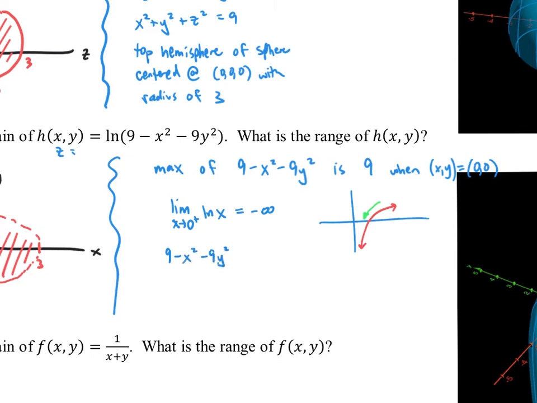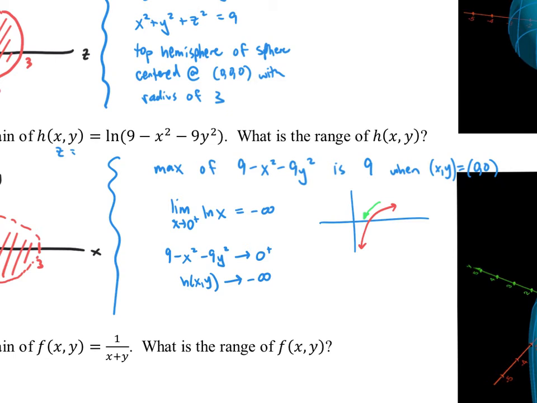So the question is, as that goes to 0 from the right side, z, or let's just make it h of xy, is going to negative infinity. So our next section is going to be on limits of multiple variable functions. But in this case, I'm just kind of introducing that idea. So as the argument goes to 0 from the right side, the function is going to go to negative infinity.